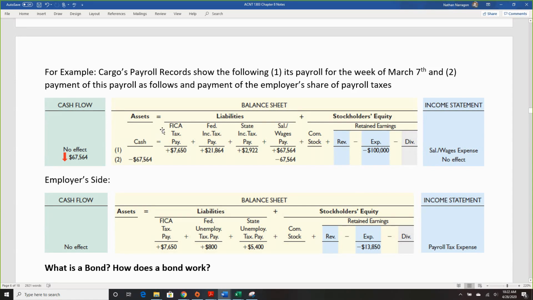When it's time for payroll to actually be paid, sorry, it works like any other liability. We're going to pay our workers their money, so the net pay, and we're going to take it away from the liability. That's all we're going to do.